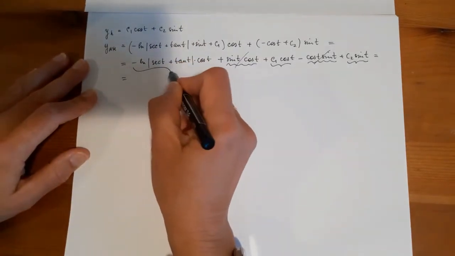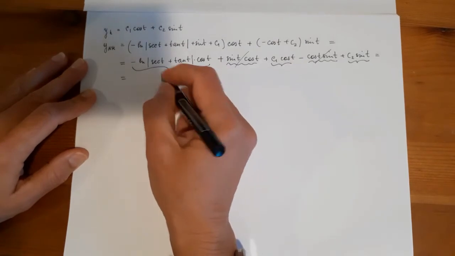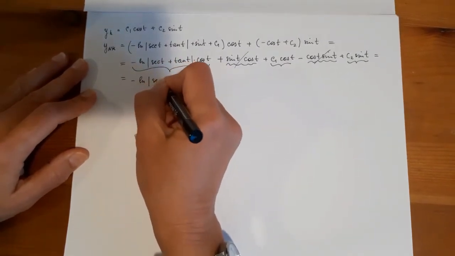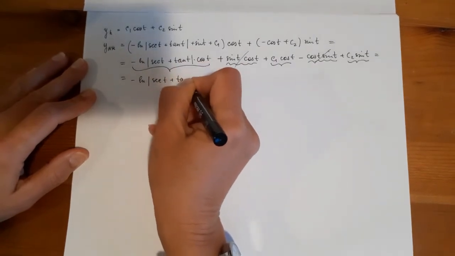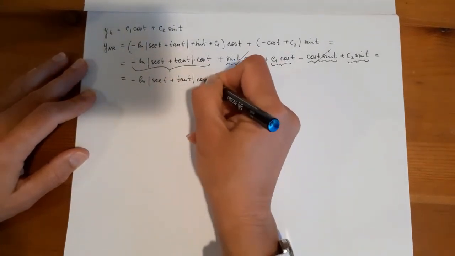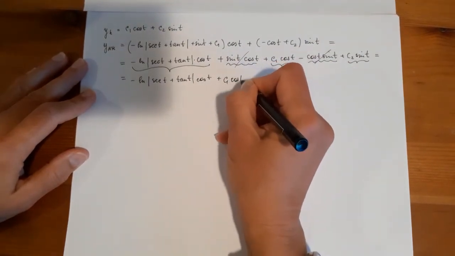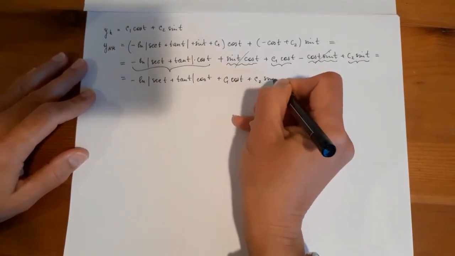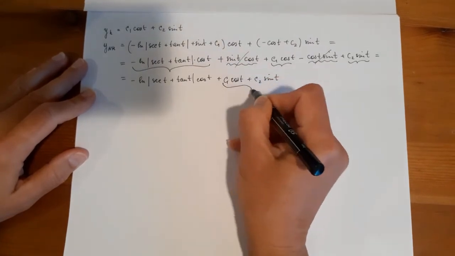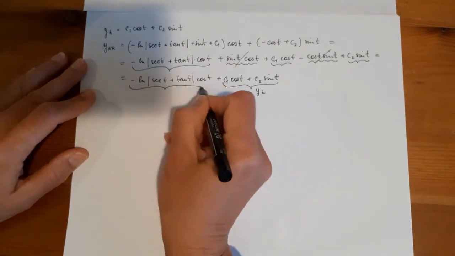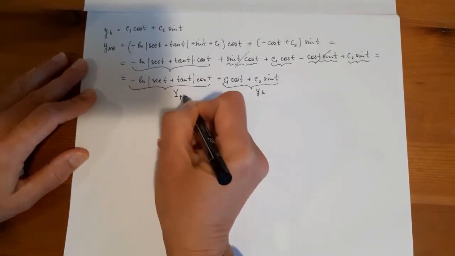That's the homogeneous solution, right? And what is this? That's going to be my particular solution. I'll write down the particular solution and the homogeneous solution separately: c1 cosine of t plus c2 sine of t is y homogeneous, and I'm going to label the other one as y particular.